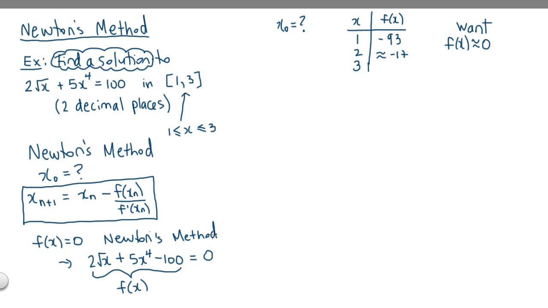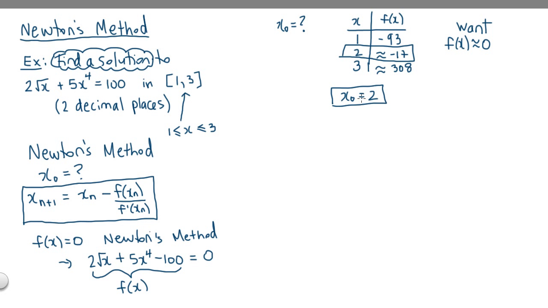And plugging in x equal 3, we get something that's approximately 308. So these are our three values here. We're looking for the f of x value that is closest to 0. That certainly comes in this middle row here. So what we want to do is choose the x value that works the best. The best x value that we're looking at here is 2. So that's how we decide x0 equals 2.